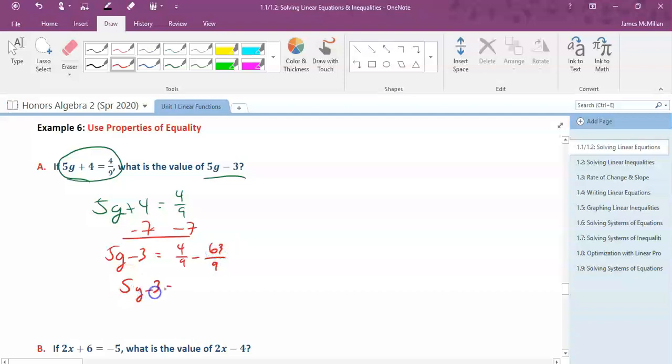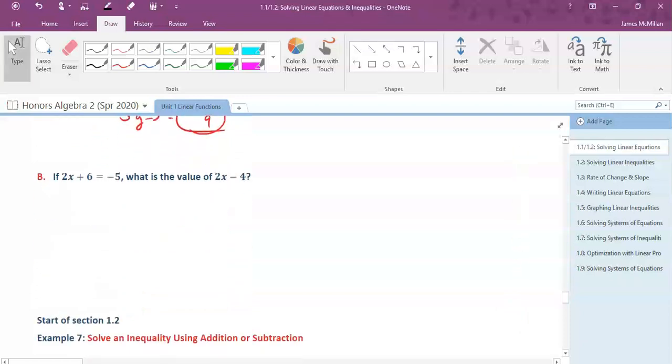And so 5g minus 3 is equal to negative 59/9. So our answer is that the value would be negative 59/9. Again, you could solve for g, go that route, and then plug it back in and get your final answer that way as well. Either way would work, whichever is your personal preference.